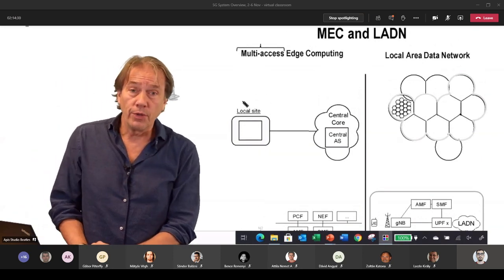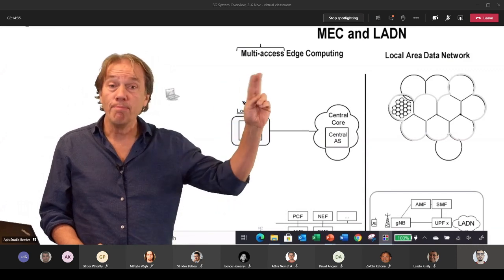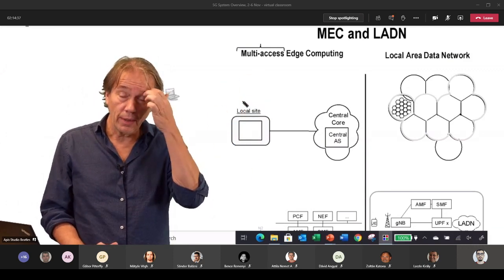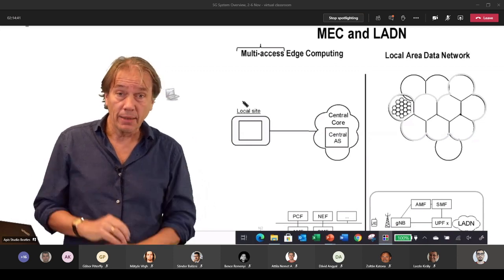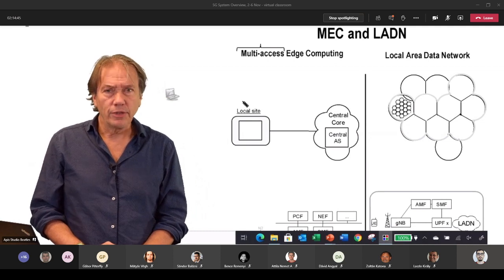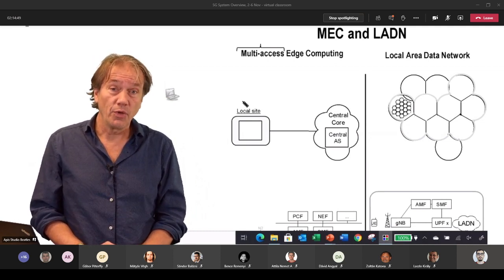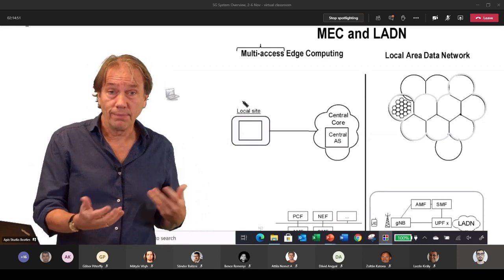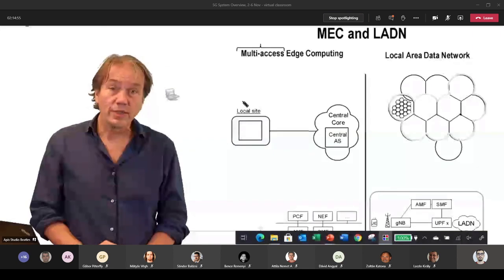If you read older documents or maybe also newer documents, sometimes it will say mobile edge computing, and that was kind of the first meaning or the first expression. And then somebody realized that this idea of edge computing is not only for mobile access type of networks, it's also for fixed access.